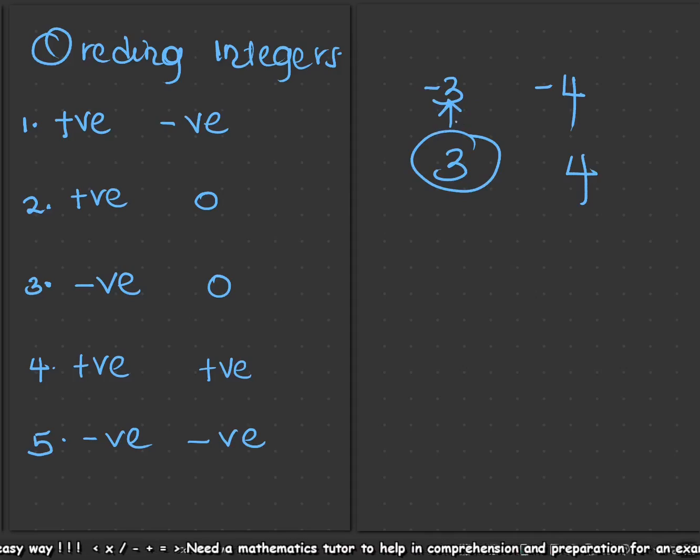So my smaller one will become the one that is big. You get it? Assuming the negatives were not there. If you can't use this, just go to the number line and look at the one that is at the right hand side, comparing the two numbers, just as you've done. So let's order some set of integers here.